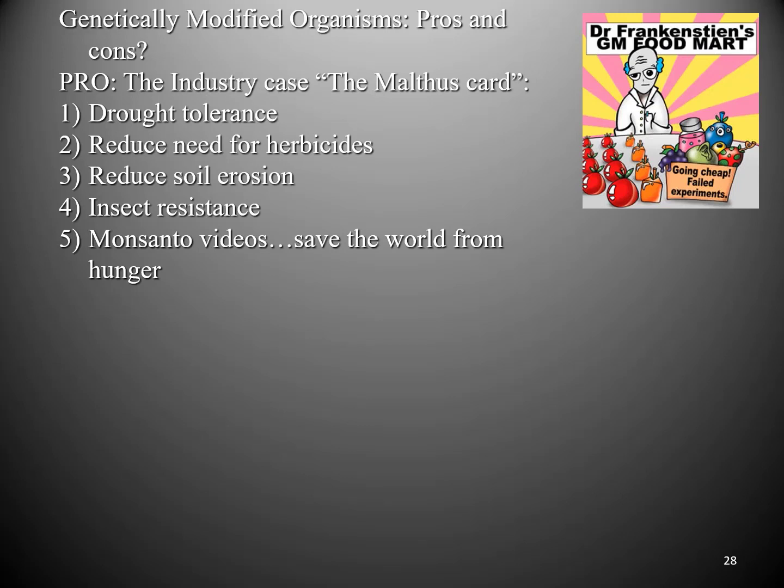You can make them herbicide resistant, which reduces the need for herbicides. Also, by making them herbicide resistant, it kills the weeds without harming the crop, so you don't have to weed. This creates less soil erosion. You can breed them for insect resistance. And so examples are sort of Monsanto videos. We can save the world from world hunger.